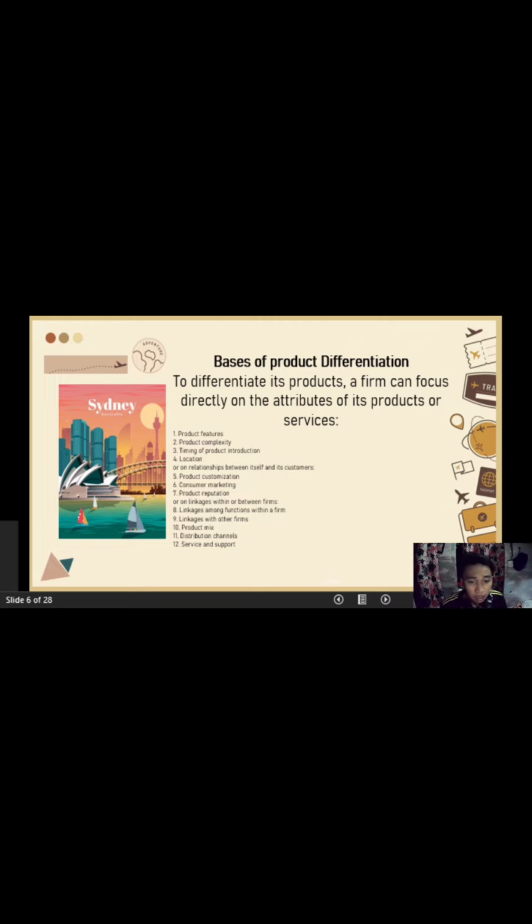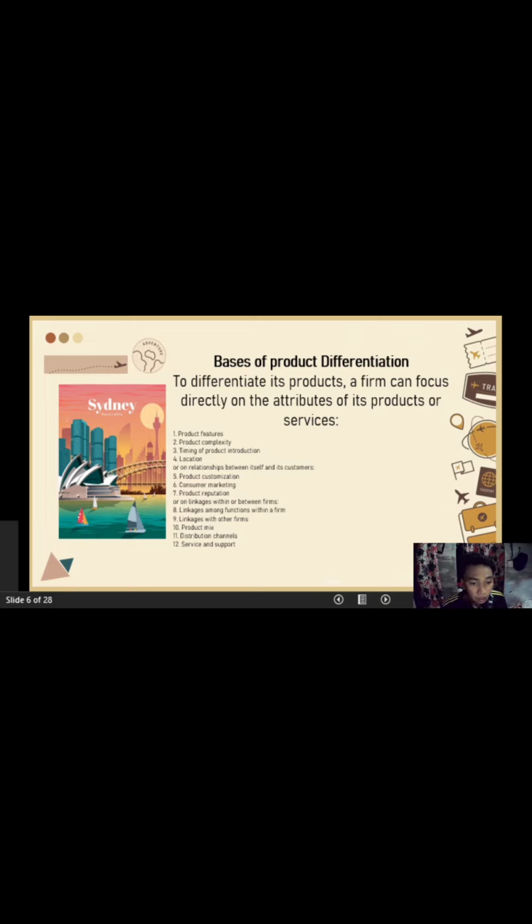Distribution channel linkages within and between firms can also have an impact on how a firm chooses to distribute its product. And distribution channel can be a basis of product differentiation.